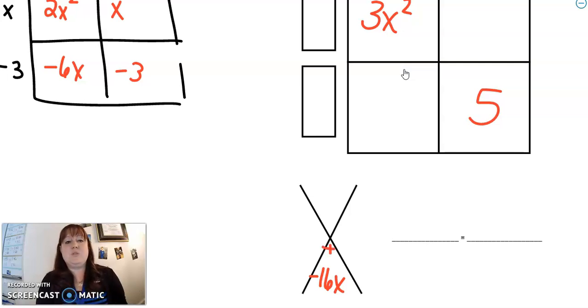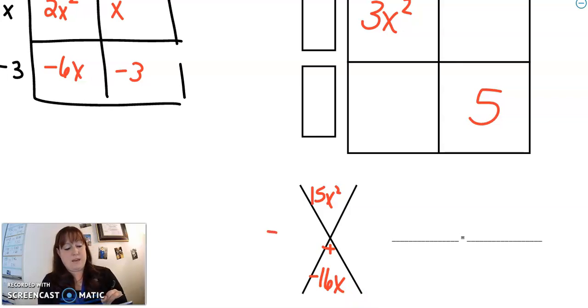The interesting thing that we also know about factors is that these two have to multiply to the same thing that these two do. So these two multiply to 15x squared. So I have to think of what are 2 things that add to negative 16x but multiply to 15x squared?